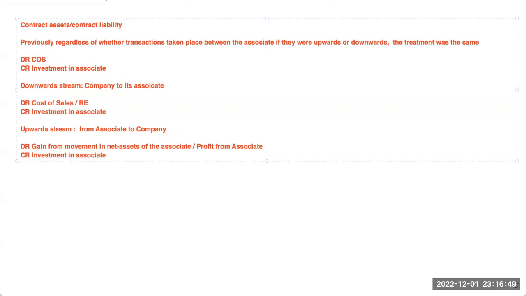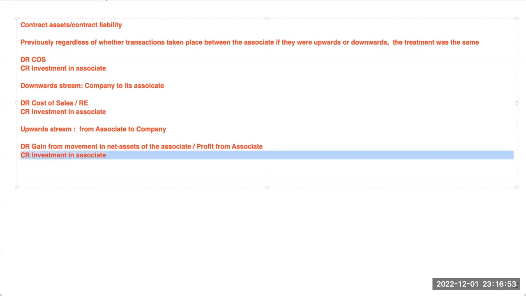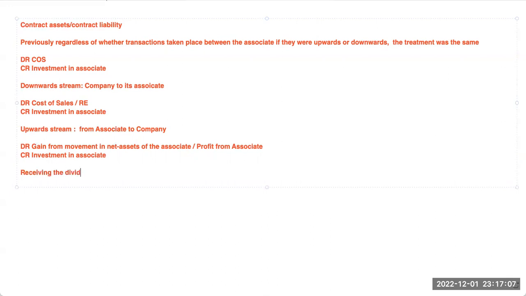And if you are aware, in most of the questions where the associates are examined, it says that dividends have been paid by the company and it has already been recorded in the P&L. We know that receiving the dividend should be debit cash, credit investment in associate.